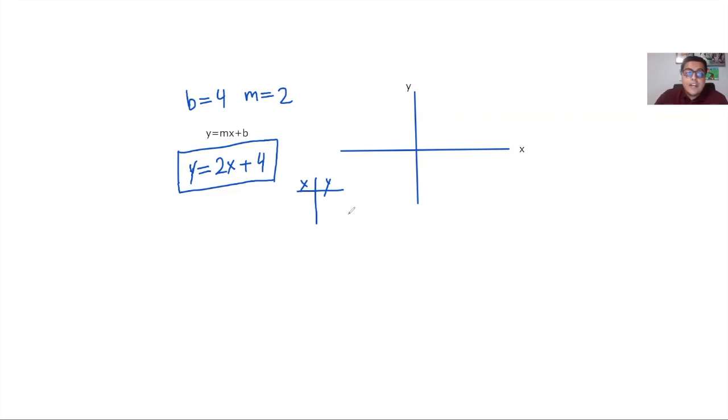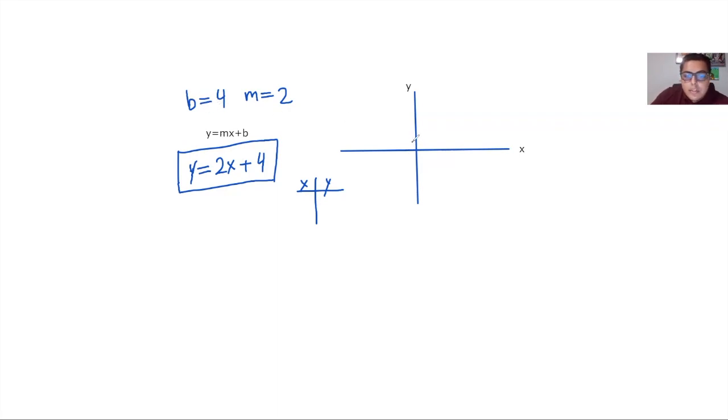But because we're given our equation in terms of our y-intercept and our slope, and we've already found our equation in slope-intercept form, we can simply start plotting with our given information. So if you look at it, with B, we already have one point on our line, which would be B, our y-intercept.